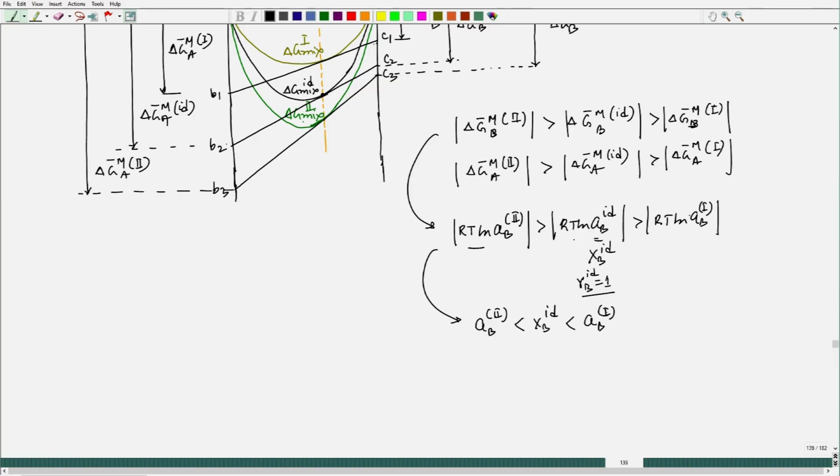Okay. So we can see that gamma B2 is less than gamma B ideal, less than gamma B1.